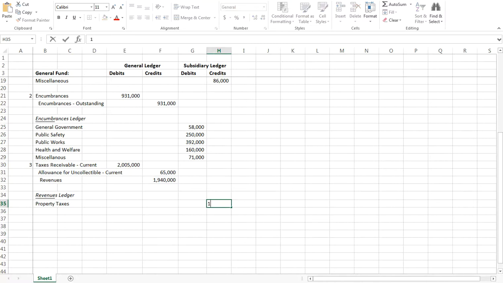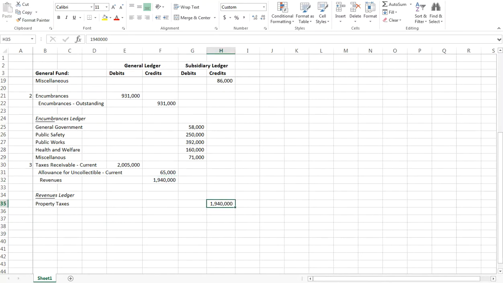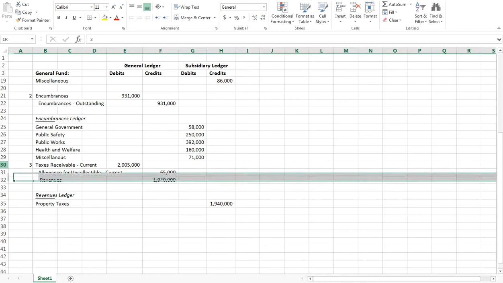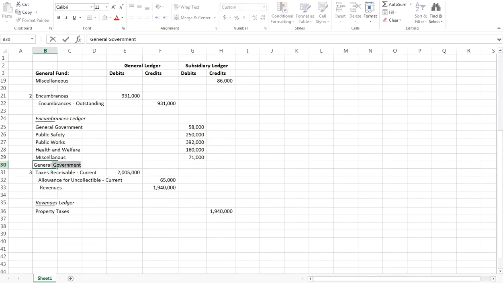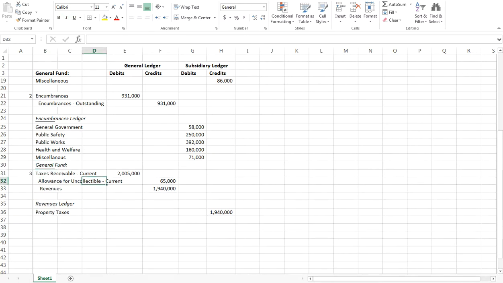That goes way over here in our subsidiary ledger credit. Keep in mind, we're still in the general fund. In fact, let me add that right there, just so we're all clear: general fund revenues ledger. Now we're going to go down here to our governmental activities.